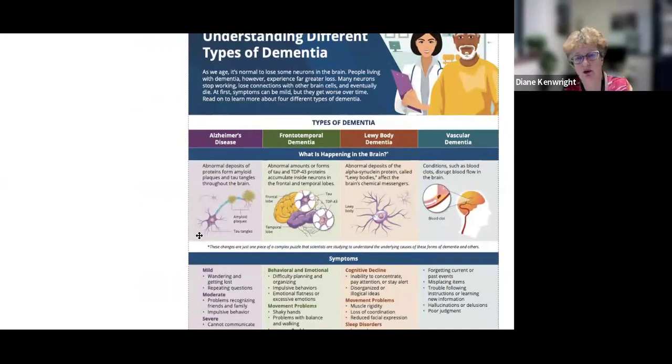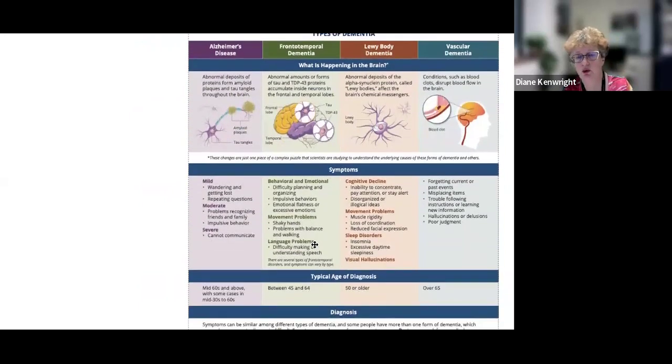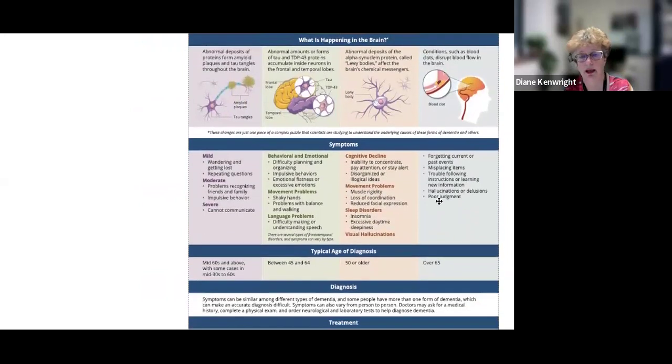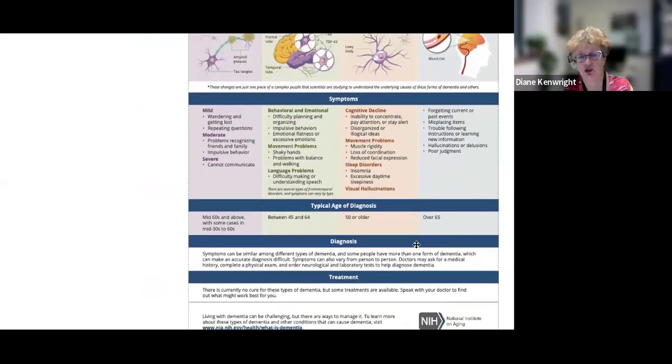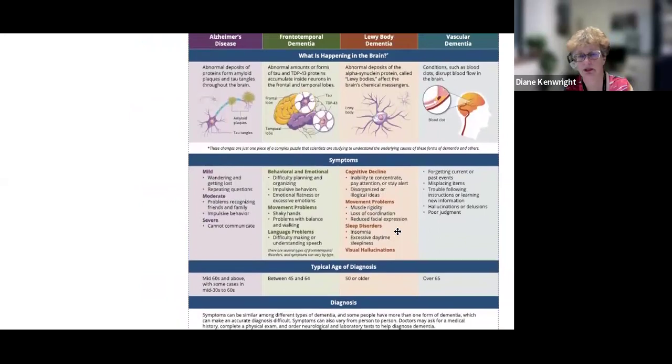It talks about their pathology. It talks about their symptoms. Okay, talks about the age that they get it, and makes general statements about diagnosis and treatment. So I think this is a particularly useful thing that you can download.